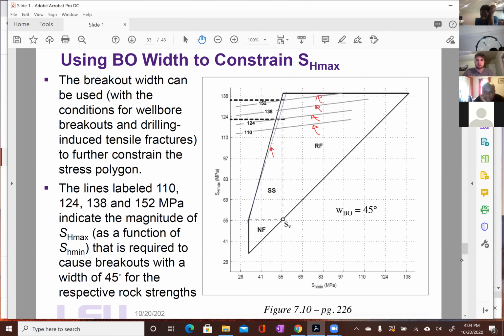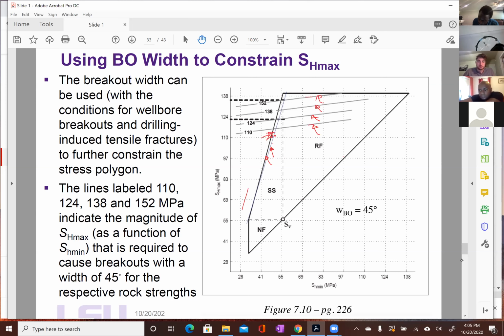So when you see a line that is almost parallel or close to the strike slip faulting, it is a drilling induced tensile fracture. When it's at a different angle, then it's the wellbore breakout. But you don't need to memorize that, right? Because you are the one who will calculate this line. So you will know the equation you used to come up with this line. If you use the equation for drilling induced tensile fracture, then you know what the line is, right? So that's what you're going to do in the homework.